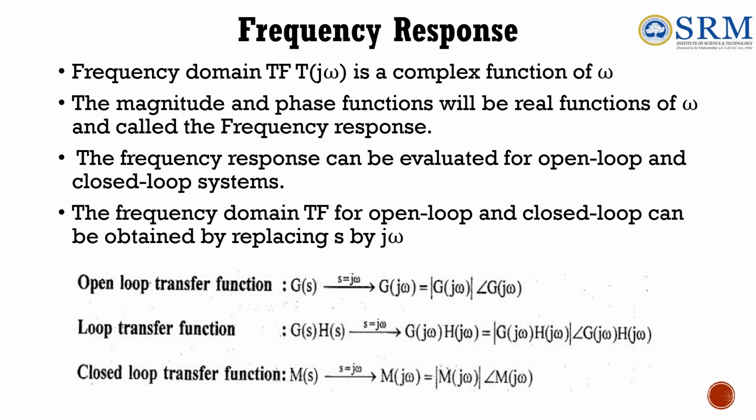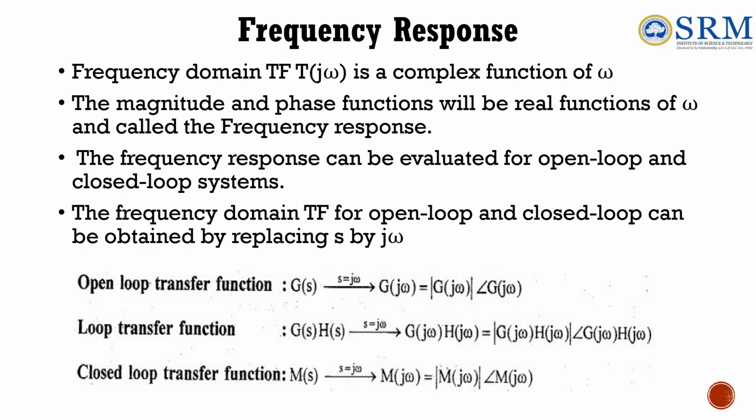Next, frequency response. The frequency domain transfer function T of j omega is a complex function dependent on omega, representing how the response changes with different frequencies. It has two parts, magnitude and phase.